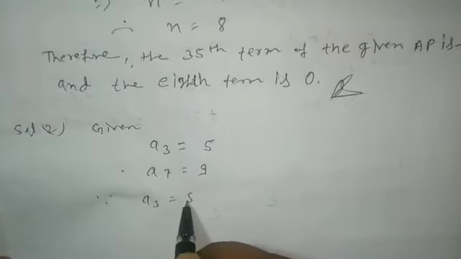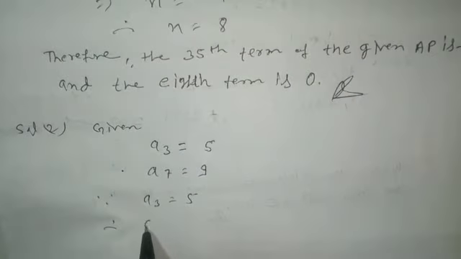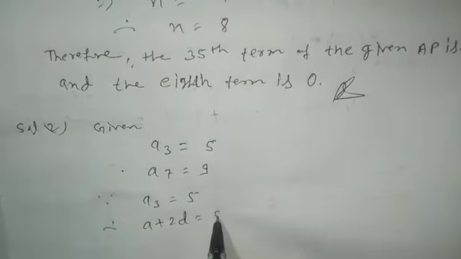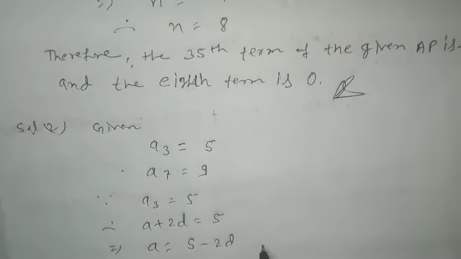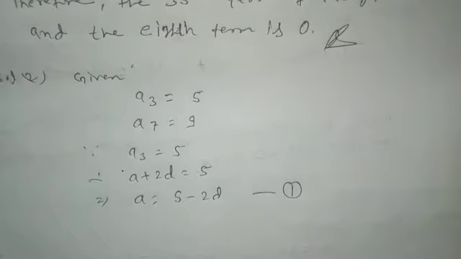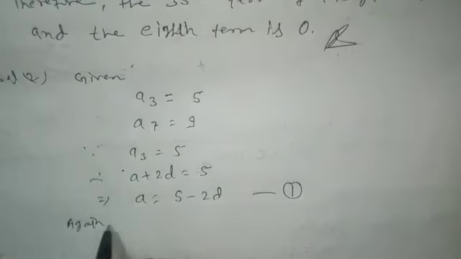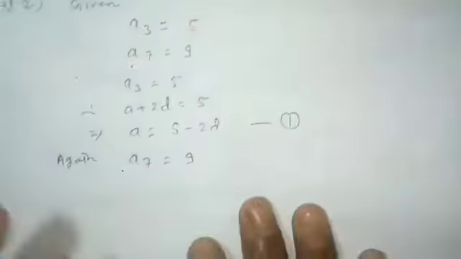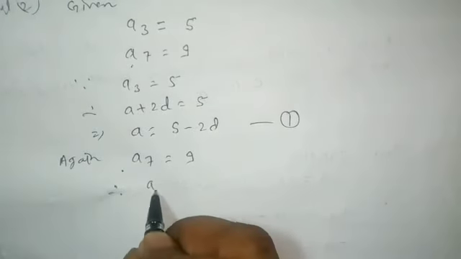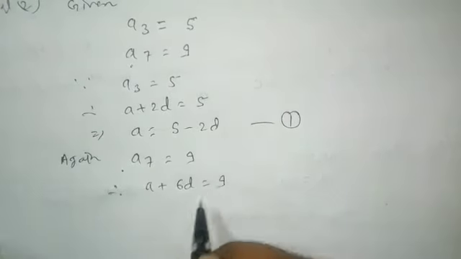Because a3 is equal to 5, therefore a plus 2d is equal to 5 implies a is equal to 5 minus 2d. Equation 1. Again, a7 is equal to 9. Therefore a plus 6d is equal to 9.